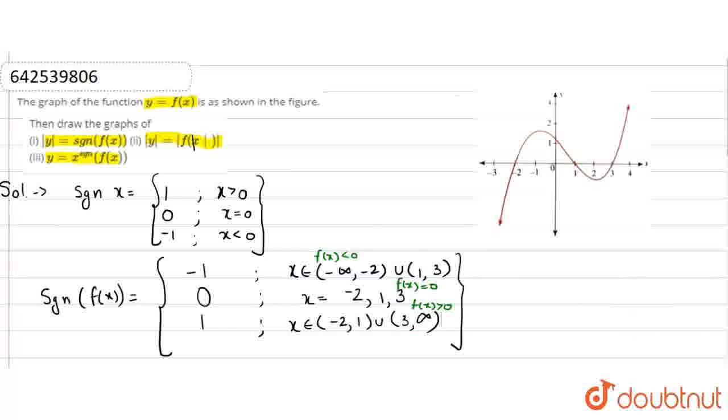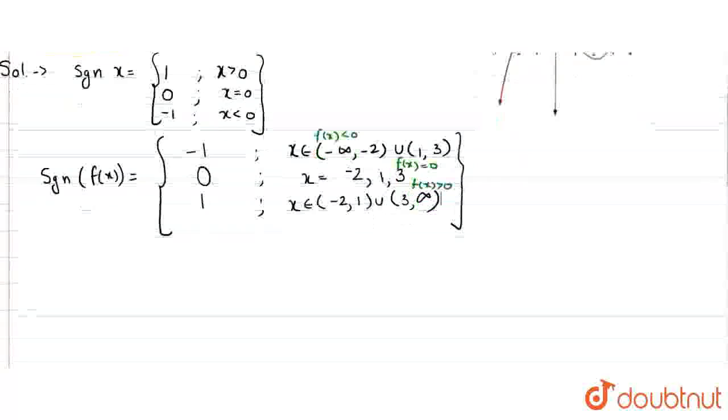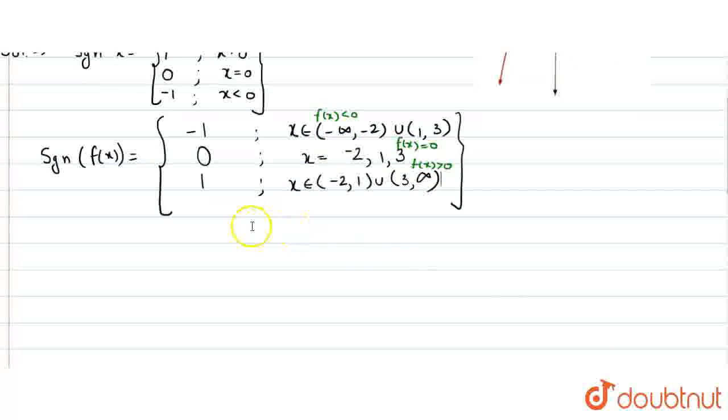Okay, but now we have to find the graph of mod y. If this is y, then we have to find its mod also. So to find its mod, what will it give? Mod y is equal to either, what does mod do? Mod changes all negative values into positive.